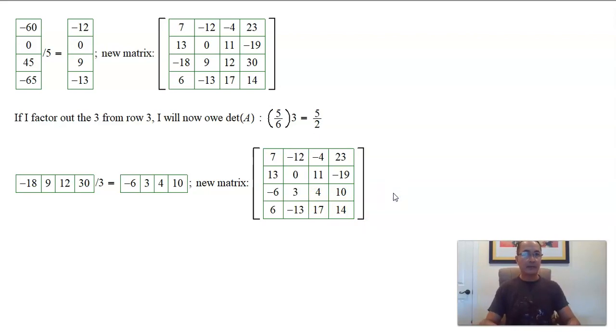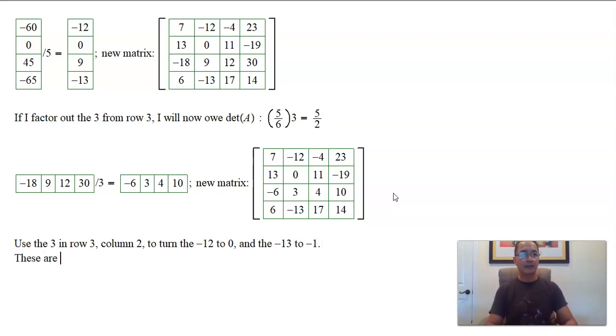Okay, all right, so now use the 3 in row 3, column 2 to turn the minus 12 to 0 and the minus 13 to minus 1. Okay, so these are sums. Ooh, look at that. So these are sums. So we do not change the value of the determinant.